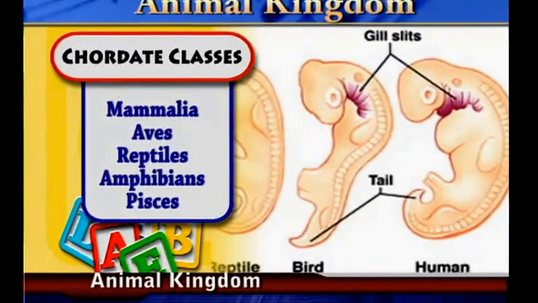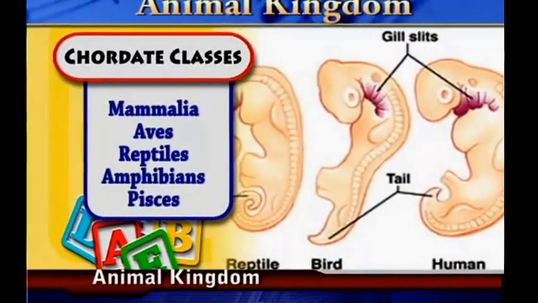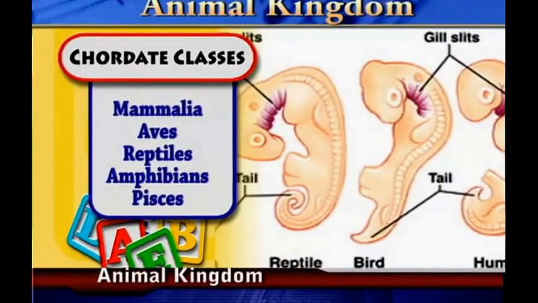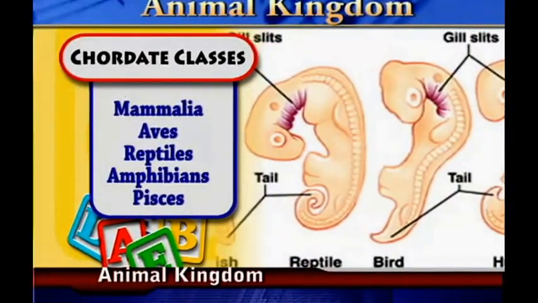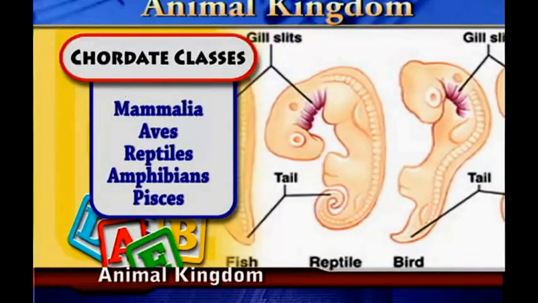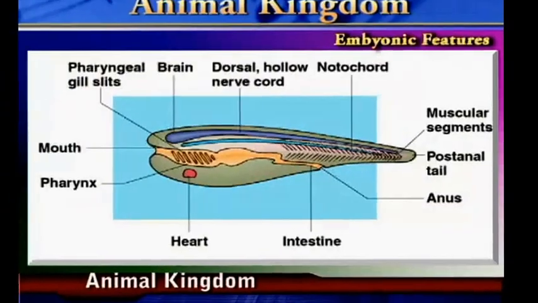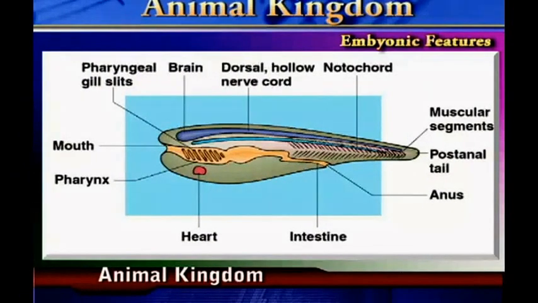So we are saying that these organisms which we are referring to as phylum Chordata or the chordates are put together because of the embryological stage that they go through. There are some of the features that appear in their lifetime.